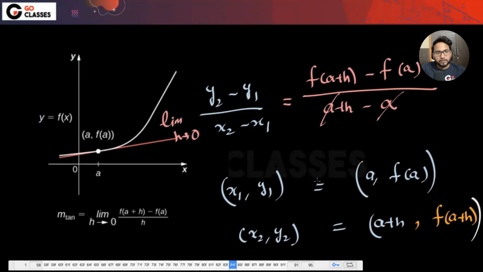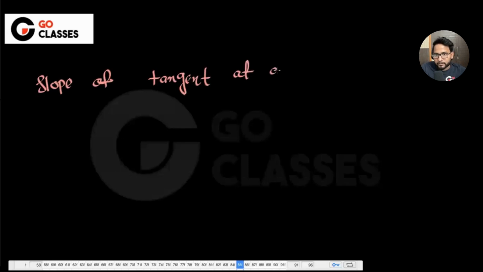Okay. So I say that the slope, this time instead of calling it a secant, I'm calling it a tangent, at the point (a, f(a)) is something like this.